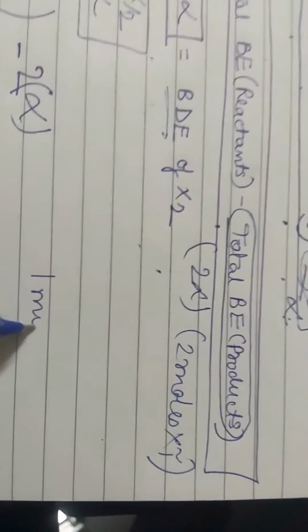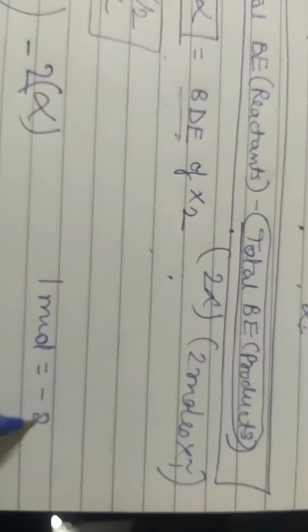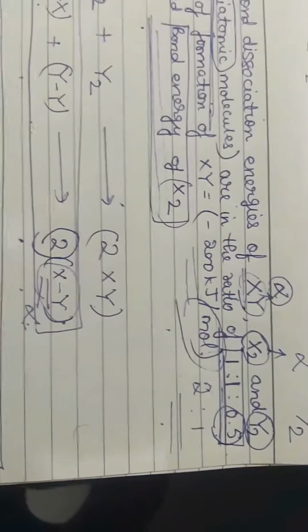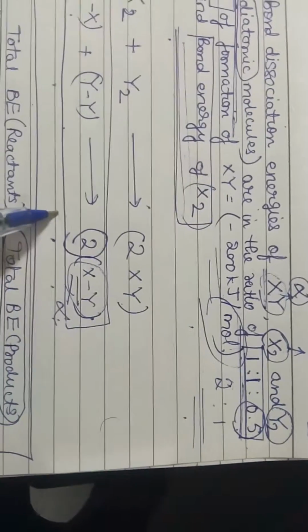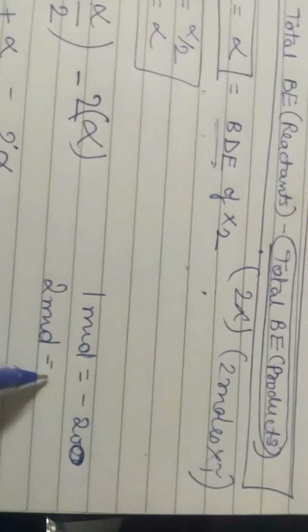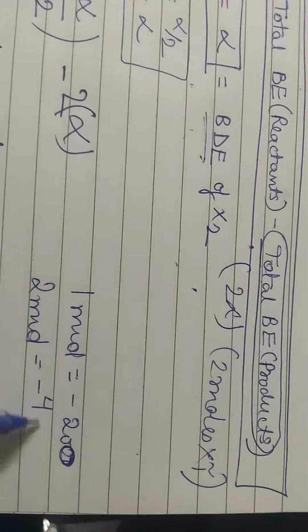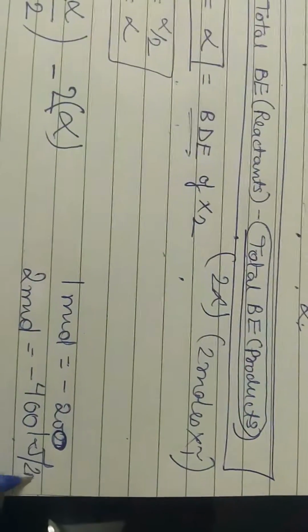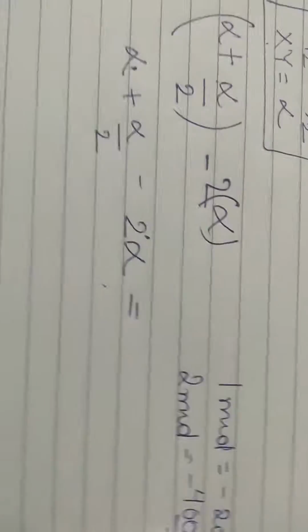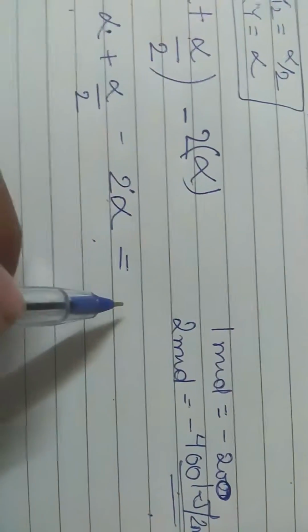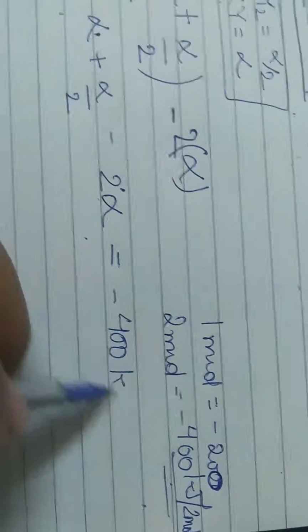So for 2 moles obtained in this balanced equation, the heat of formation will be minus 400 kilojoule per 2 mole. So making this the right hand side of this equation, alpha plus alpha by 2 minus 2 alpha equals minus 400 kilojoule.